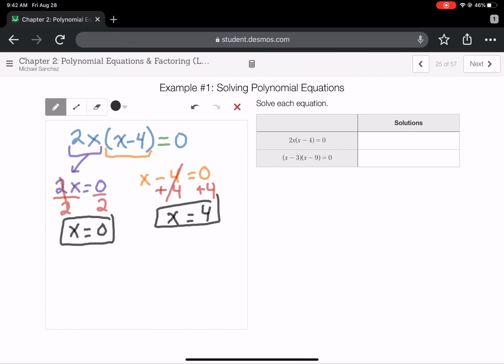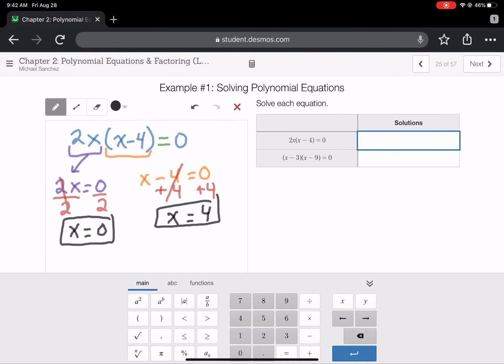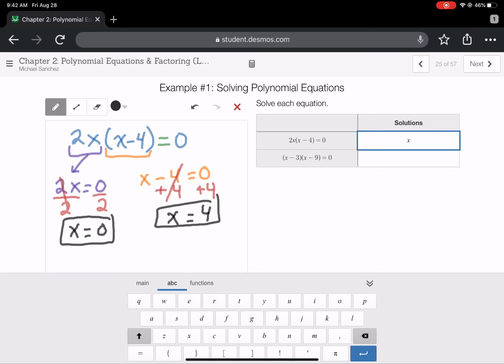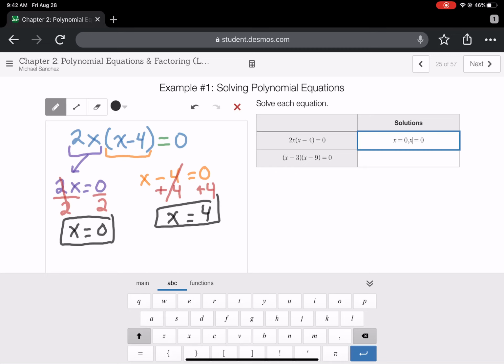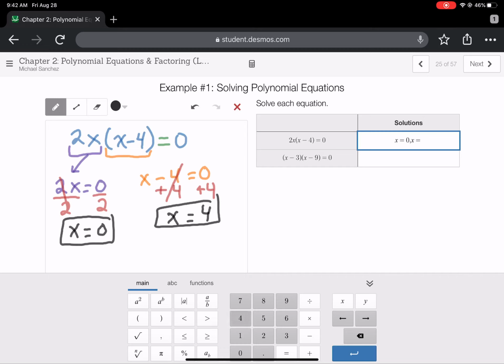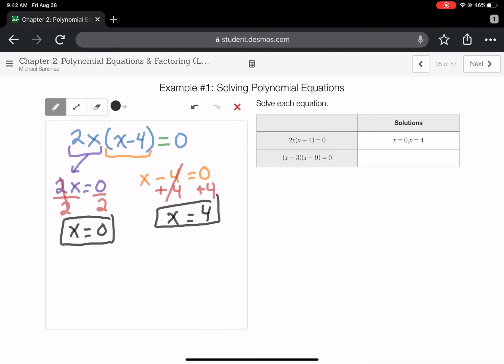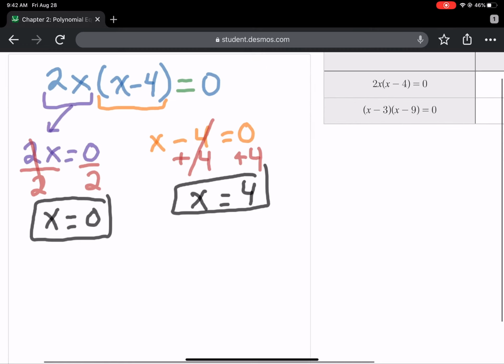So this polynomial has two solutions. I have x is equal to 0, and x is equal to 4. So those are my two solutions. Let me show you how that works.